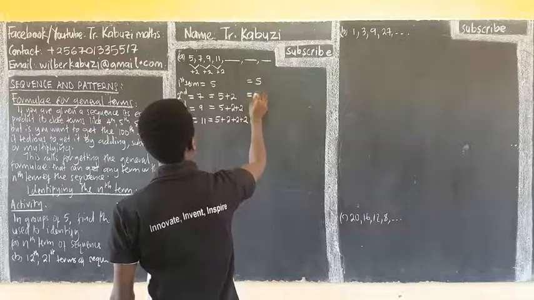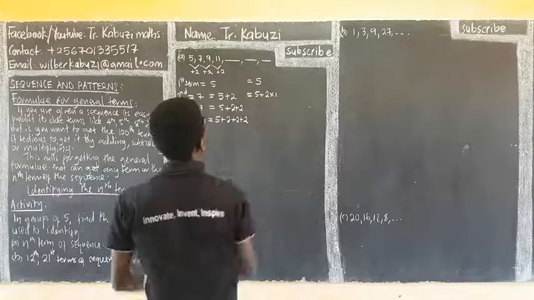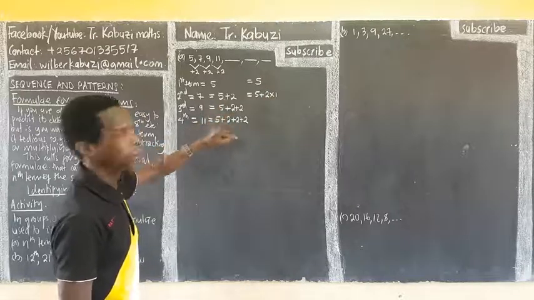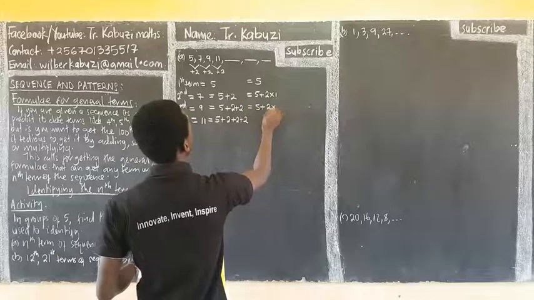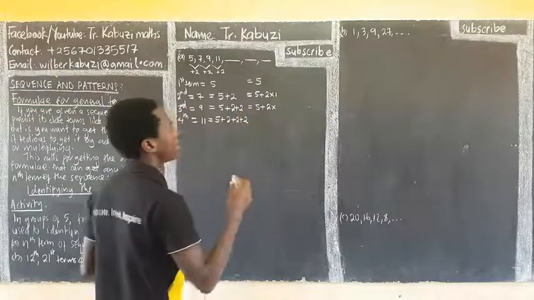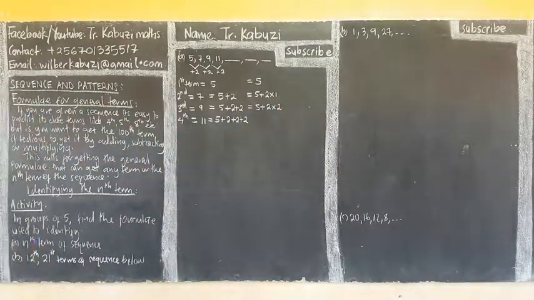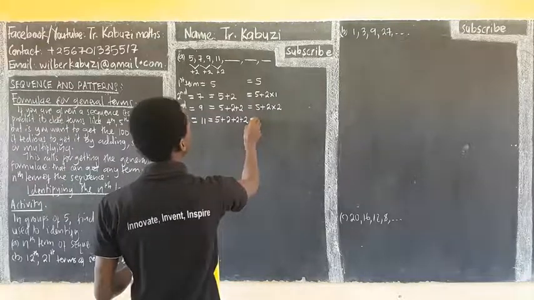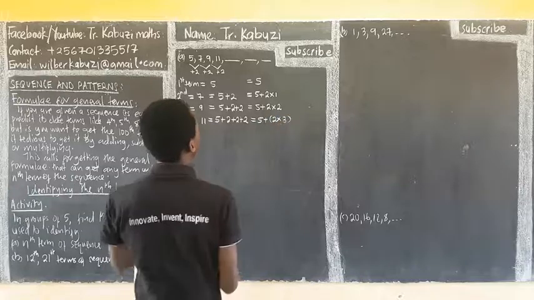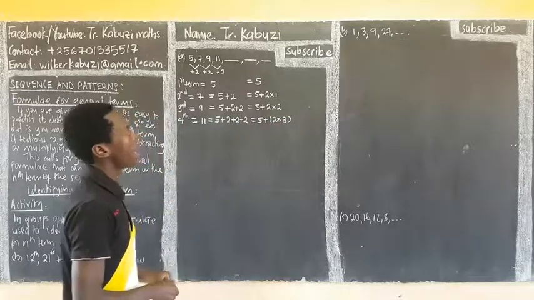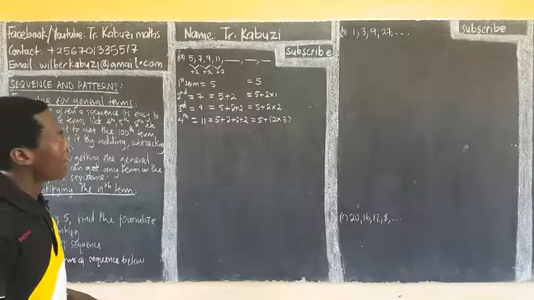This one is giving us 5 plus 2 times 1. This one is going to be 5 plus 2 times 2. And then this one is the same as 5 plus 2 times 3, instead of adding 2 three times. Hope you can see that closely.